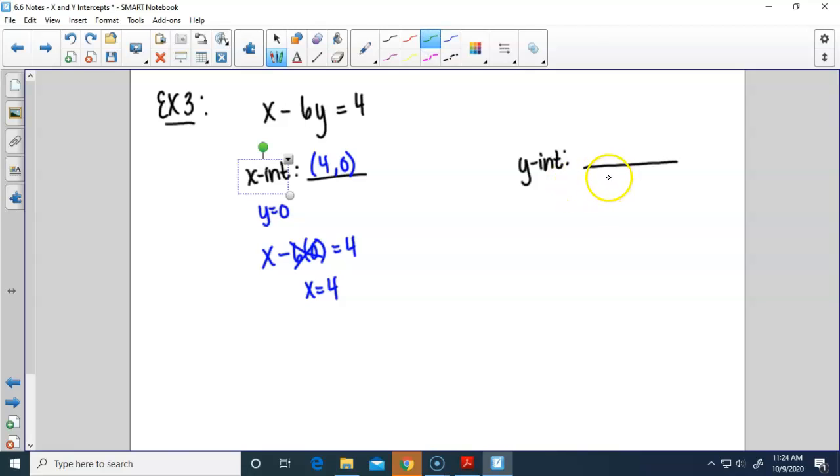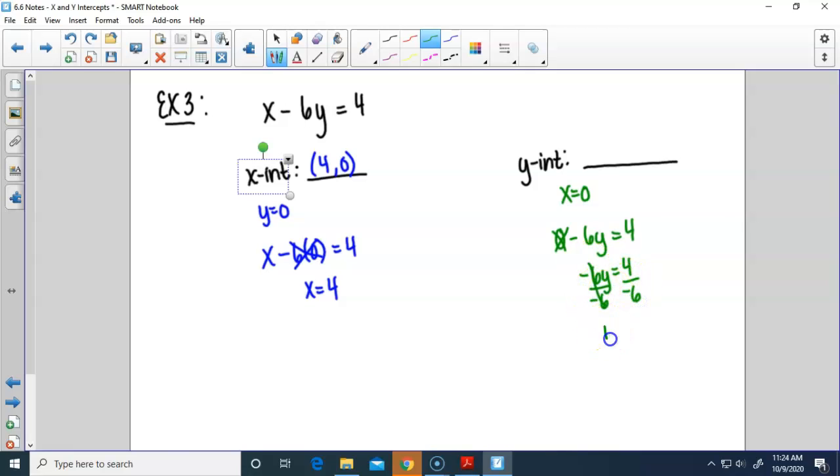For our y-intercept, we're going to plug in x equals 0. So right here for our x, we're going to put 0. So 0 minus 6y equals 4. And, of course, the 0 doesn't really do anything. We've got -6y equals 4. We're going to solve this by dividing both sides by -6.